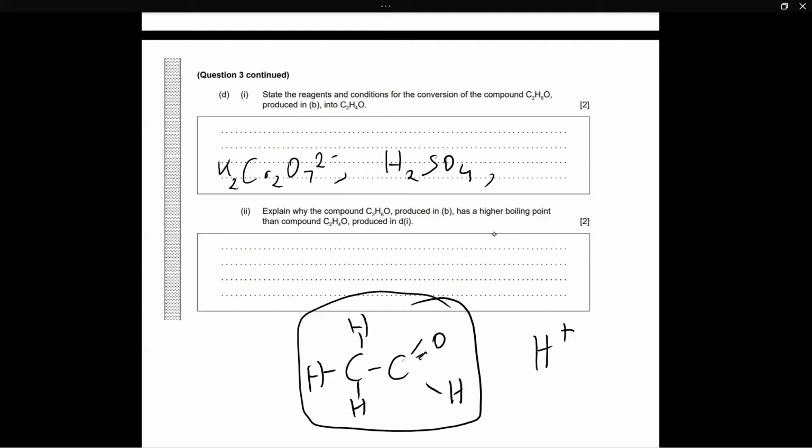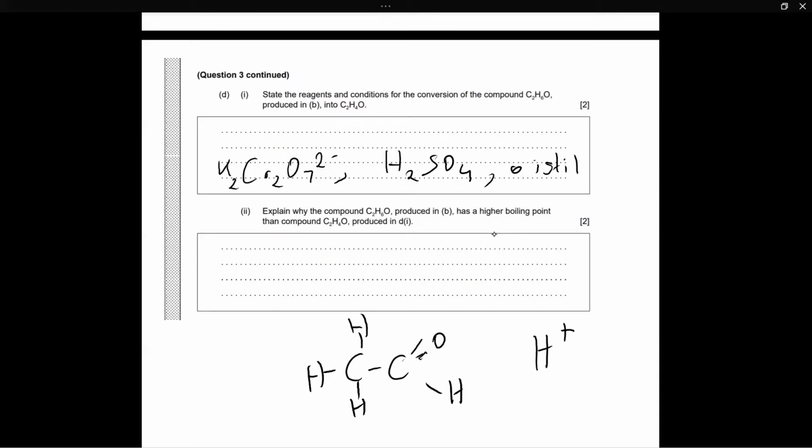Now, this further oxidation can only happen in a primary alcohol. You cannot do this in a secondary alcohol. In a secondary alcohol, you can only oxidize it to a ketone. You can't oxidize it beyond that. So in a primary alcohol, if you want the aldehyde, you need to distill.